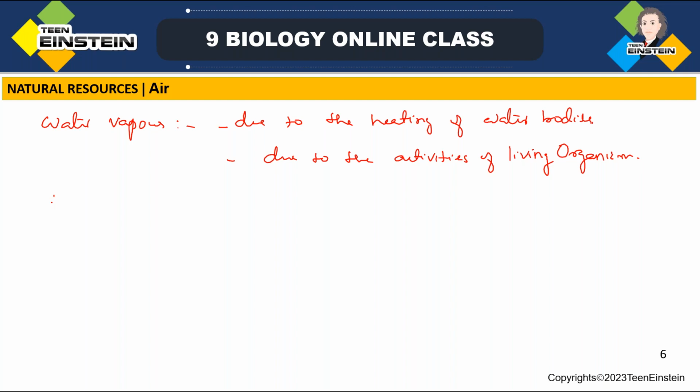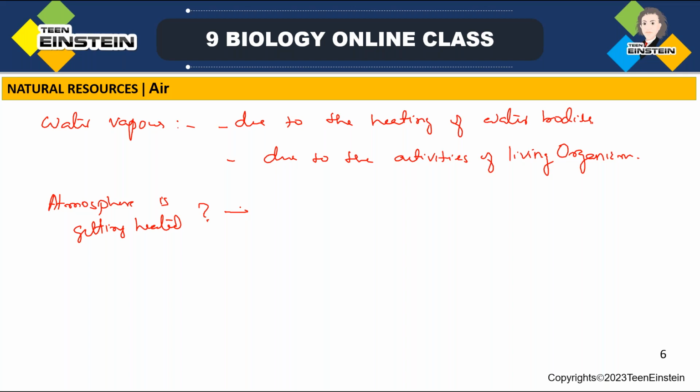Okay. So the atmosphere can be heated from below by radiation. How is the atmosphere getting heated? We said water vapors are forming due to the heating of water bodies and due to the activities of living organisms. So how is the atmosphere getting heated? That's the next question.